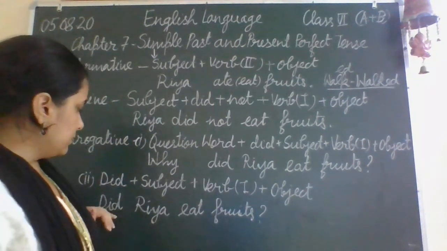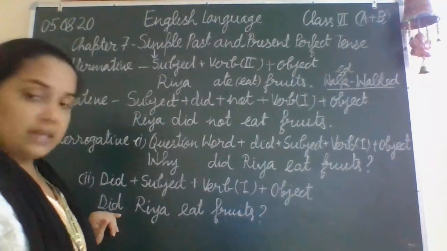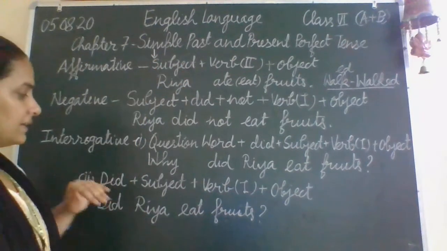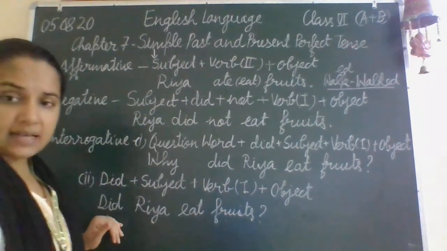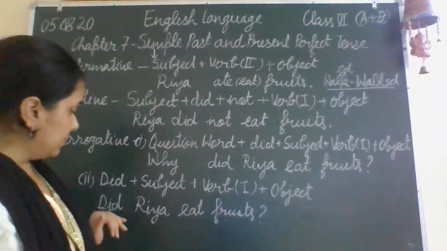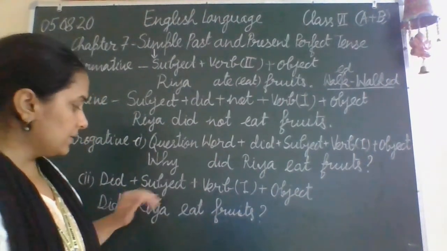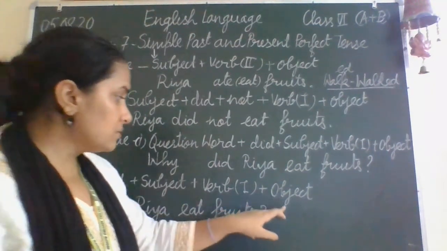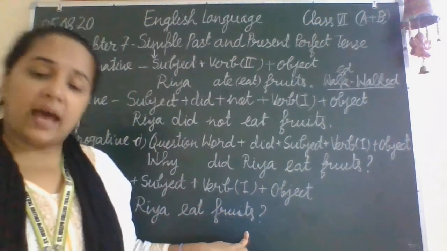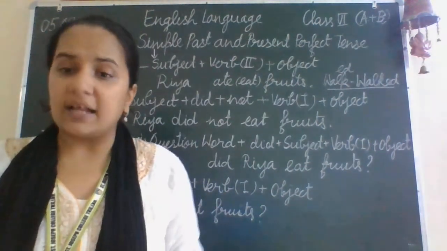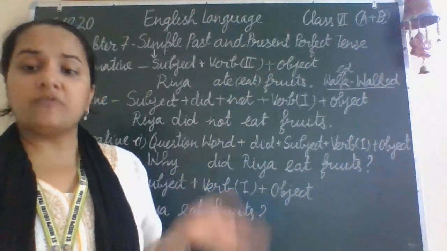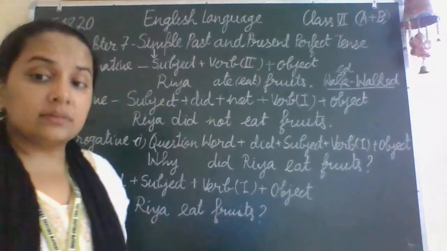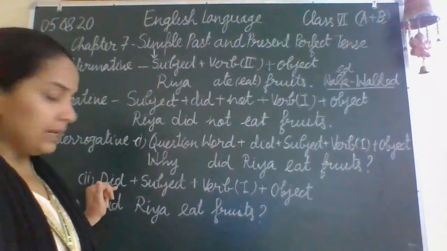So here we put the helping verb, and in simple past tense we use did as the helping verb. Always we will put did, then the subject Ria, then the first form of verb eat, and the object fruit. And as I told you in the previous class, if you translate it into Hindi, and if in Hindi the sentence starts with the question word, then in English it will start with the helping verb.